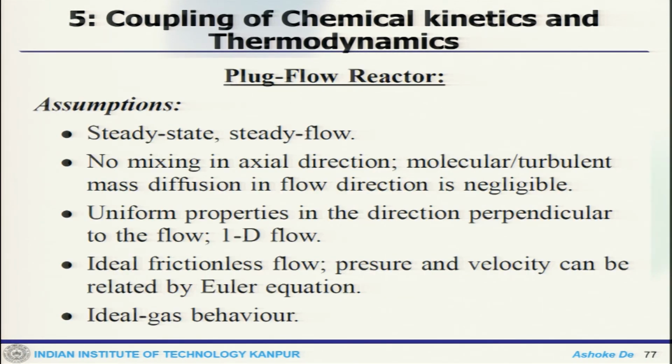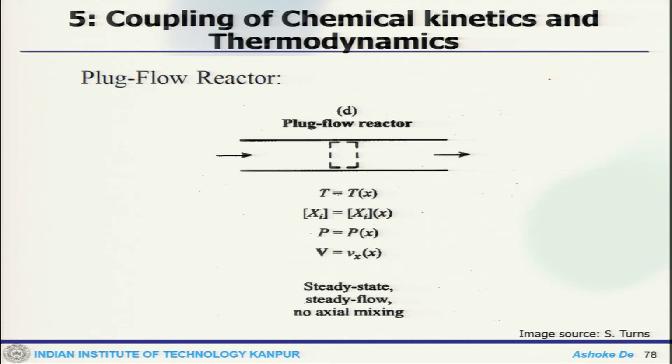Now, we go to the last reactor, which is a plug flow reactor. The plug flow reactor is like that, where mass is coming in and going out, at steady state, steady flow, but no axial mixing.